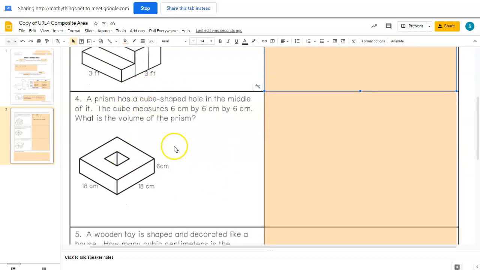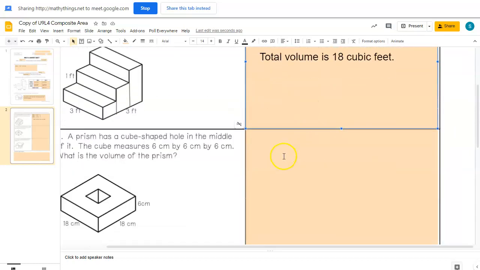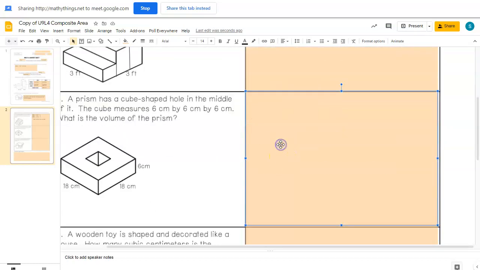Let's look at this one. This is the only example that we're doing today that it seems a lot easier to find the volume of this whole thing and then remove the middle piece. So we're going to take the volume of the large component and remove the middle.